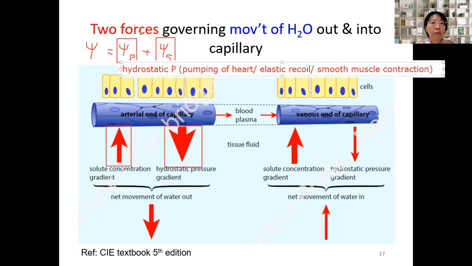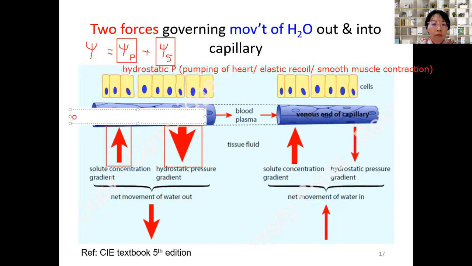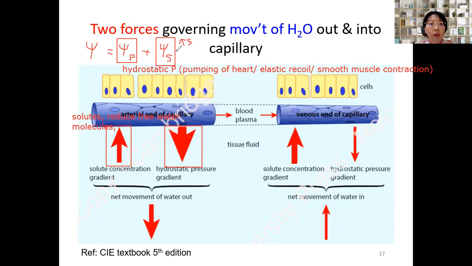But don't forget, inside the blood there are also a lot of solutes. The solutes will reduce free water molecules, correct? Because they attract water molecules around them, and therefore there'll be fewer free water molecules. So increased solutes reduce solute potential, so reduce water potential.